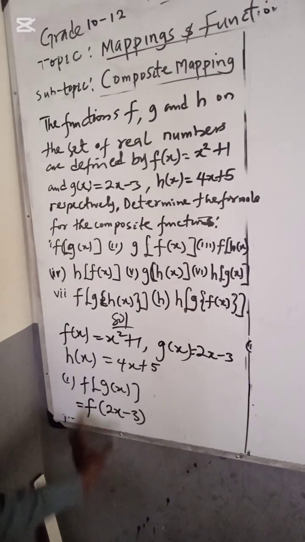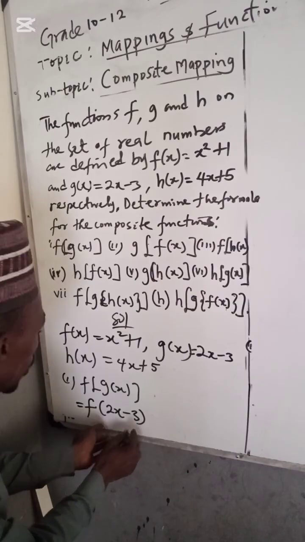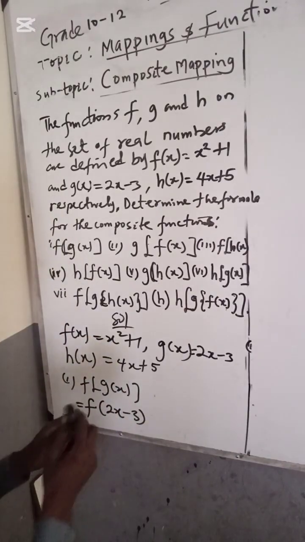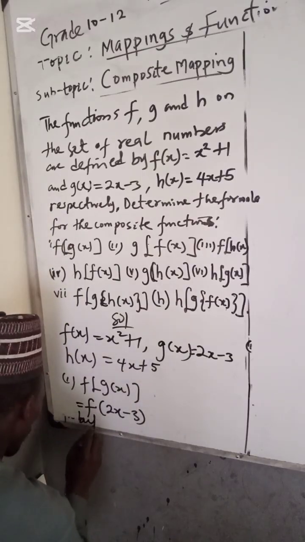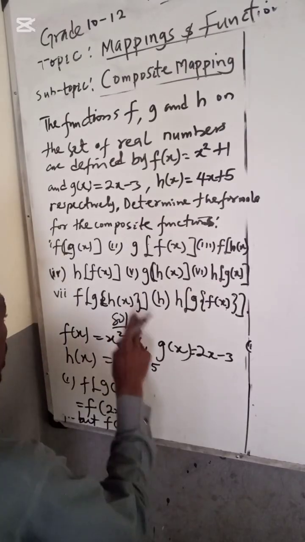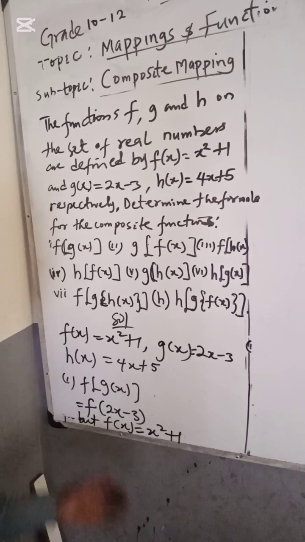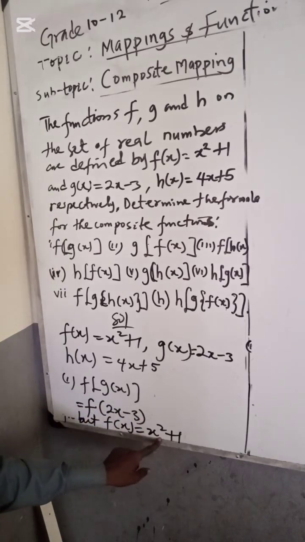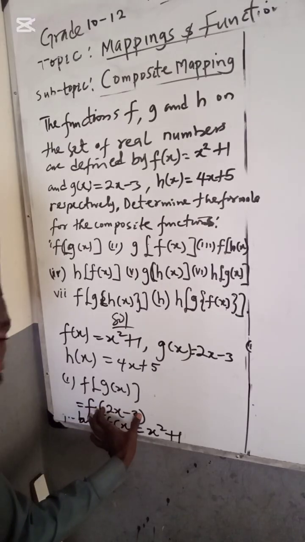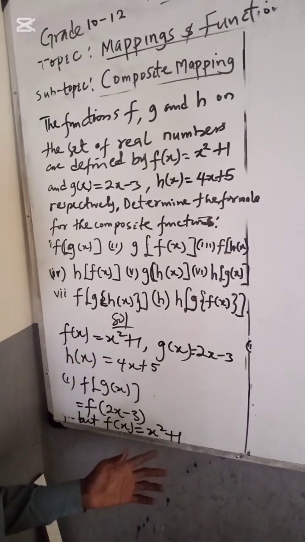So when you go back to the formula given for f of x, anywhere you see x, you plug in 2x minus 3. So remember that f of x is equal to x squared plus 1. But the question says you should plug this value into this. So anywhere we see this x, we replace it with 2x minus 3. This one is squared, so we square it, then we expand.